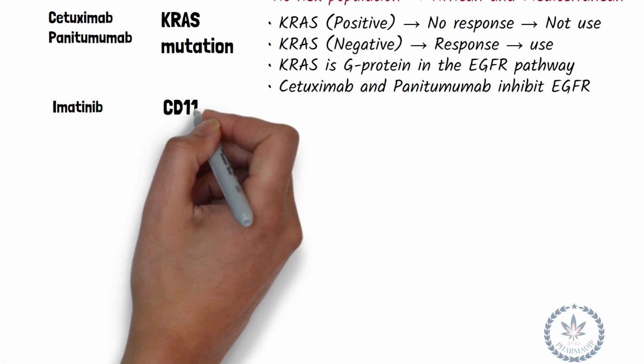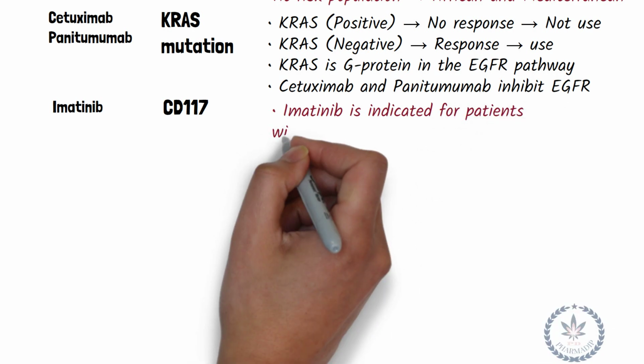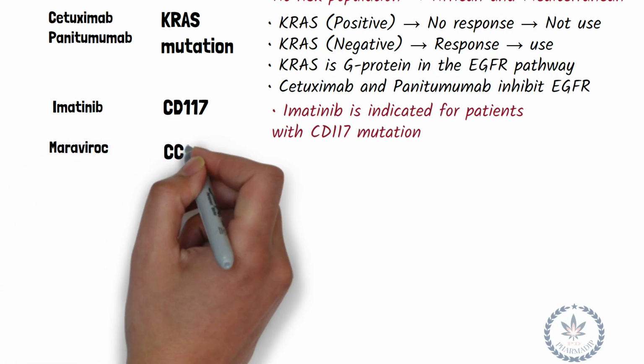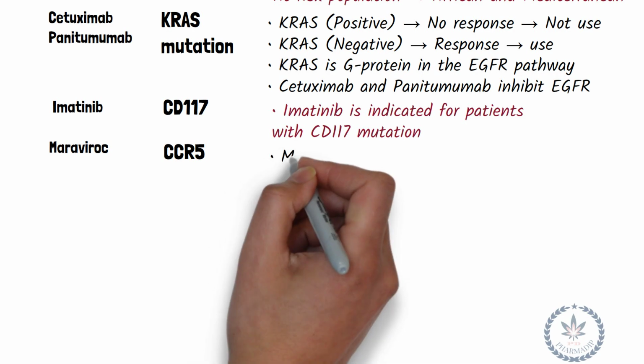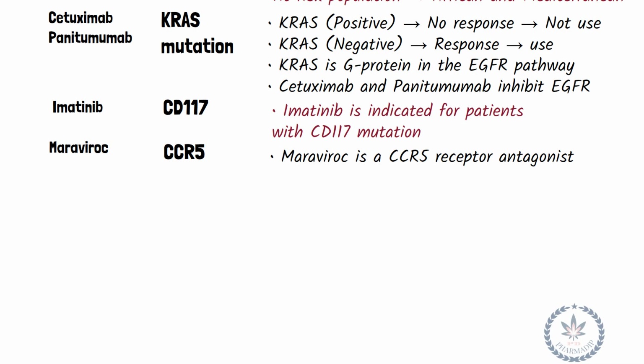Imatinib, CD117. Imatinib is indicated for patients with CD117 mutation. That is, it is given in patients showing CD117 mutations. Maraviroc, CCR5 gene. Maraviroc is a CCR5 receptor antagonist. It acts as an antagonist at the CCR5 receptor, which blocks R5-tropic HIV entry into CD4 cells.